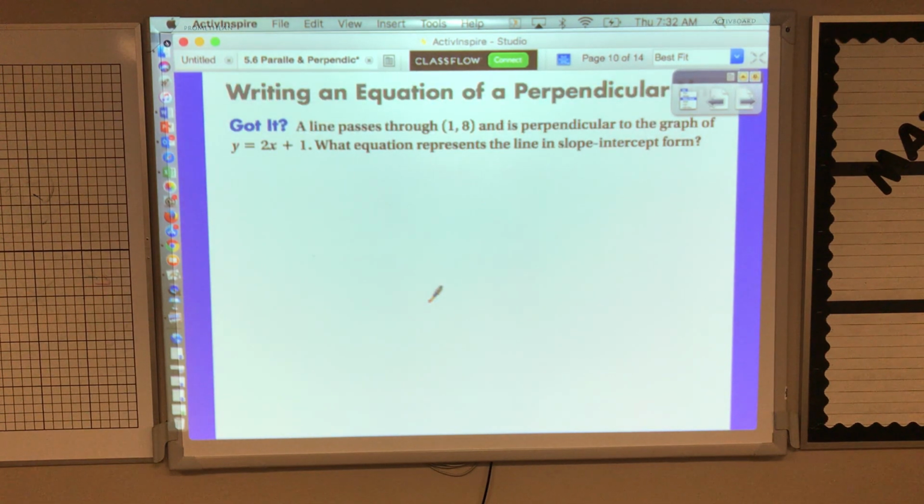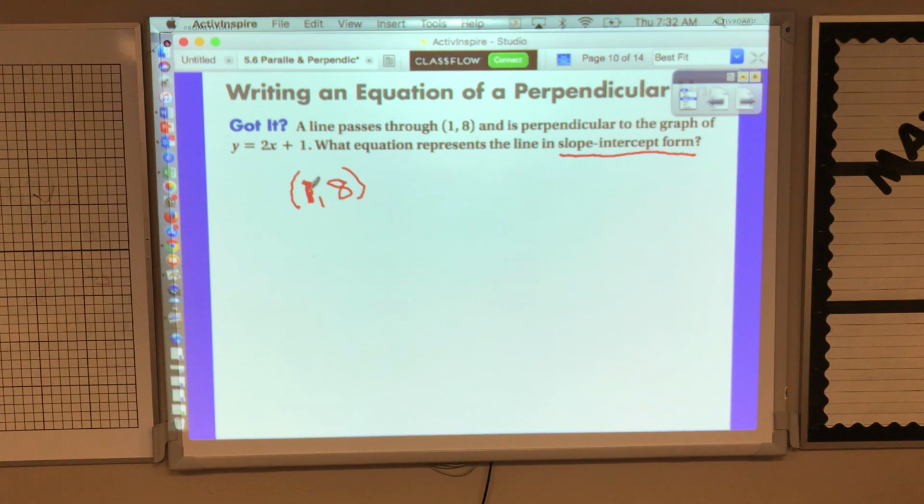So we have a line that passes through the ordered pair (1, 8) and is perpendicular to the graph of y equals 2x plus 1. What equation represents the line? Again, they want it in slope-intercept form. But what I know about my line is that it has to go through the ordered pair (1, 8).